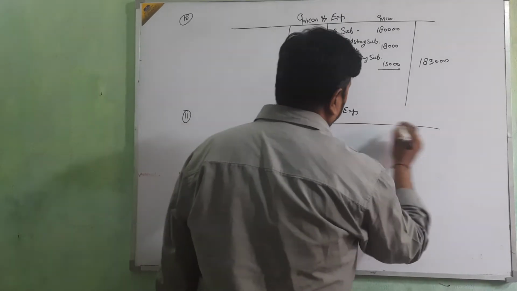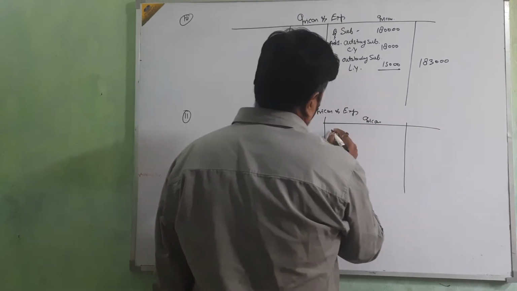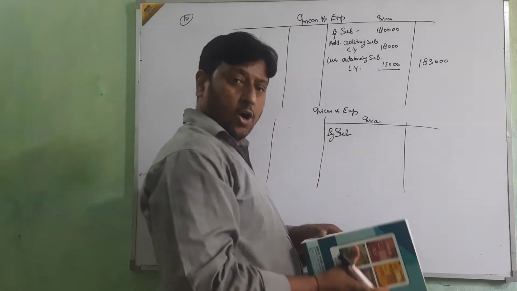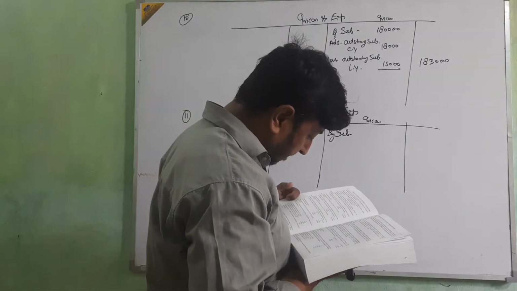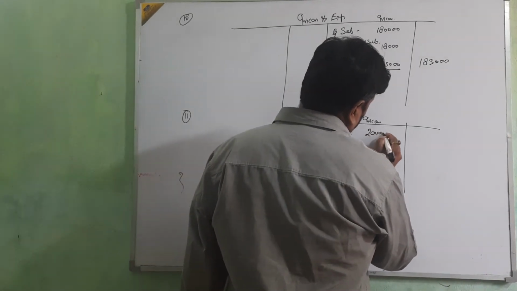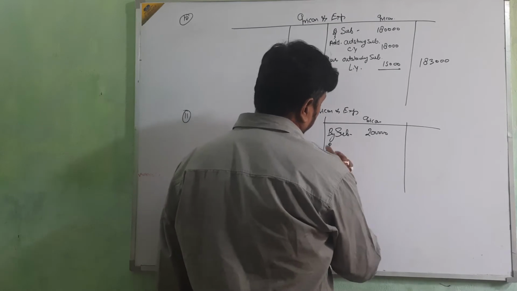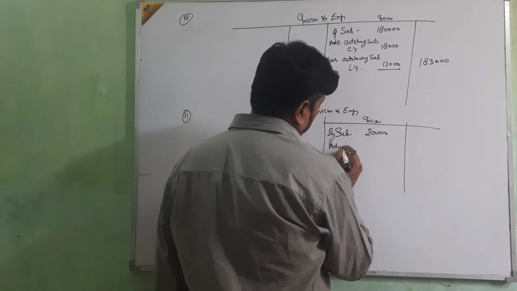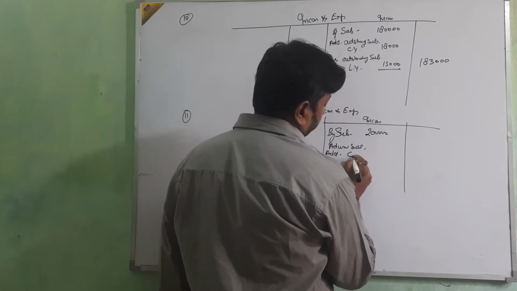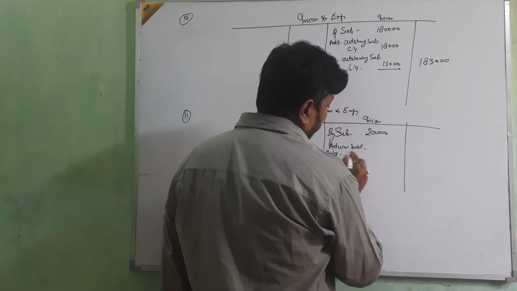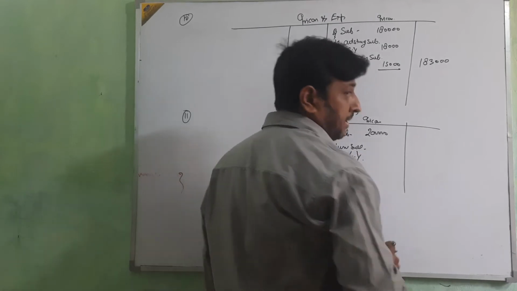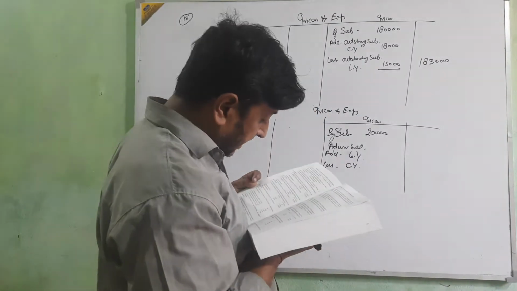Again, this is the income side, by subscription. How much amount is given for subscription? We are going to take this amount, 2 lakh. Subscription amount 2 lakh. Then advance subscription: add last year and less current year. Last year will add and current year will minus.